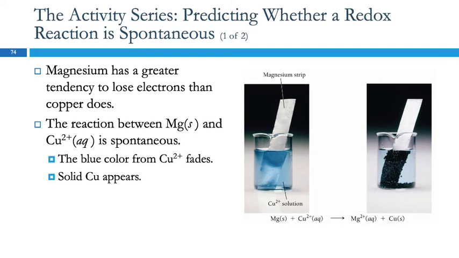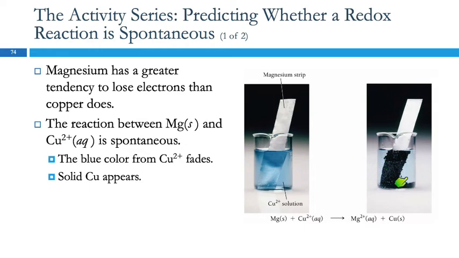The activity series. So, redox reactions do not always happen spontaneously. If we put a magnesium strip into a solution of copper, this oxidation-reduction reaction is spontaneous, and we end up with copper metal being deposited on the magnesium and magnesium going into the solution.